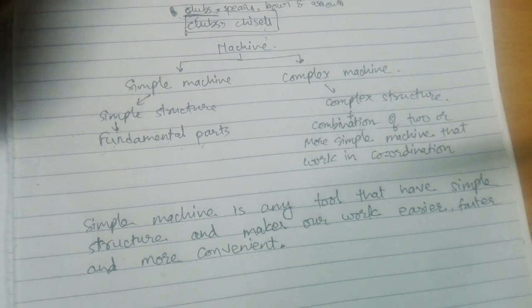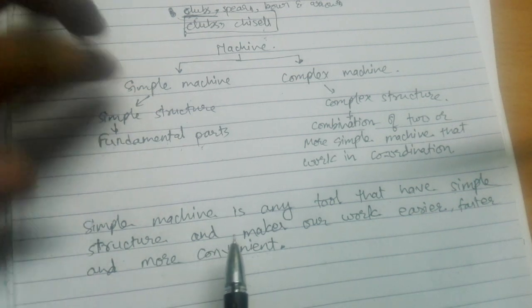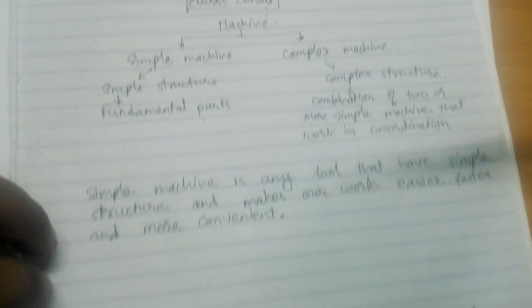Any tool that we can use to make our work easier, faster, and more convenient, and has a very simple structure, is called a simple machine. Don't confuse it with complex machine.